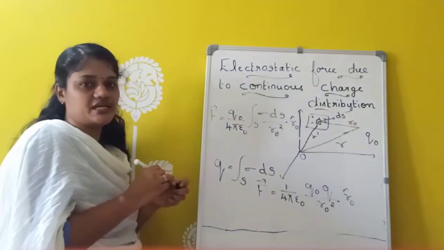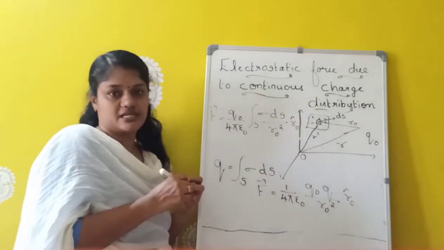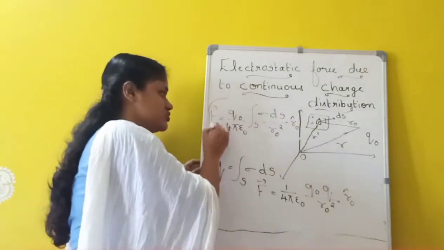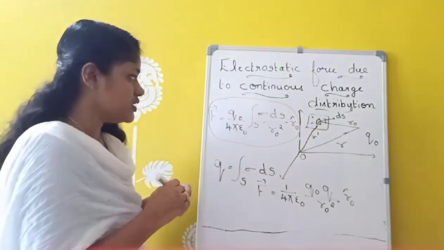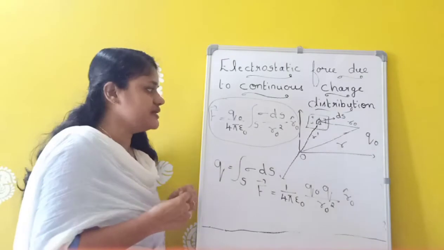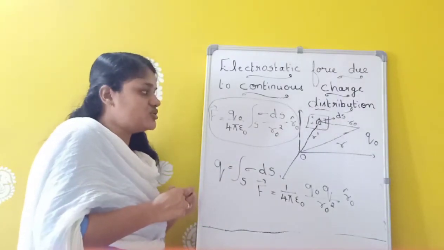So this will give the electrostatic force due to surface charge distribution. F equals Q0 by 4 pi epsilon 0, surface integral sigma ds by R0 square into unit vector R0.